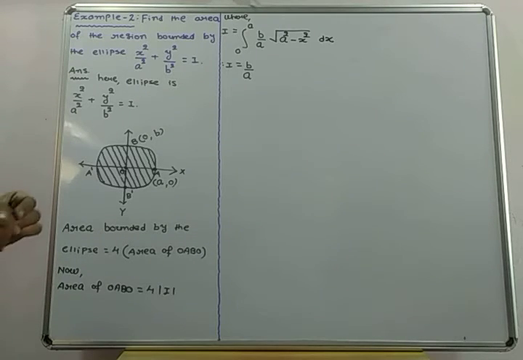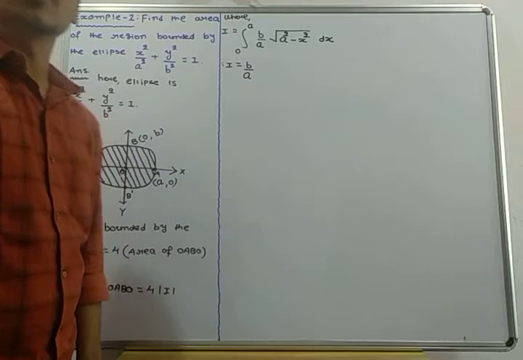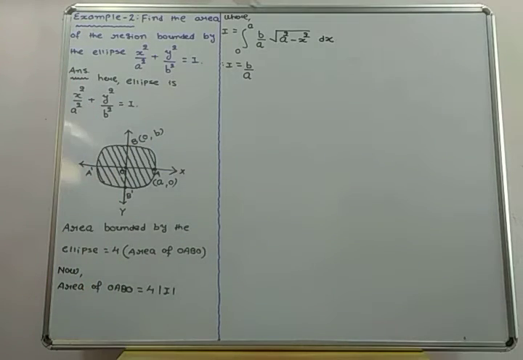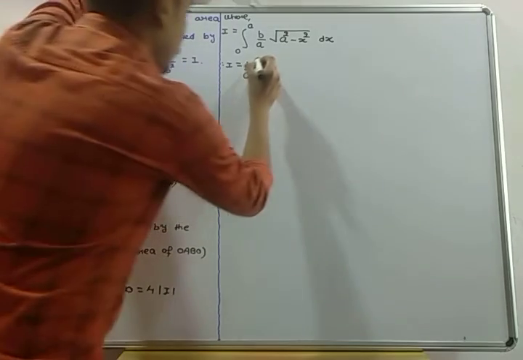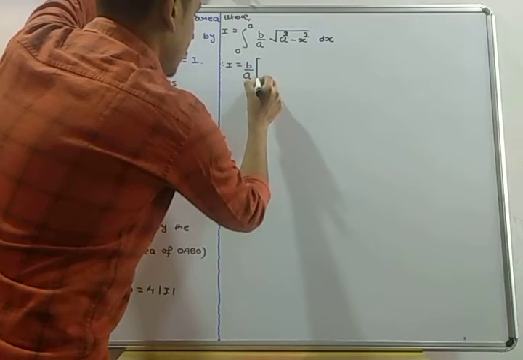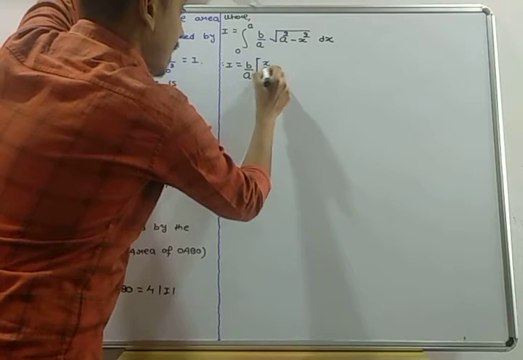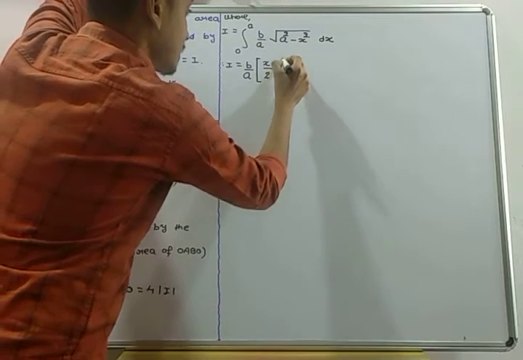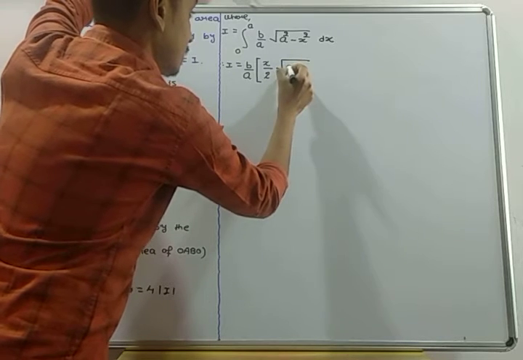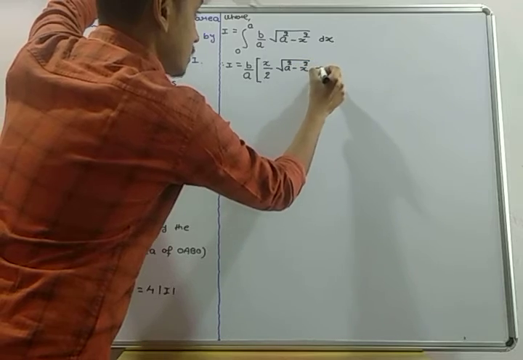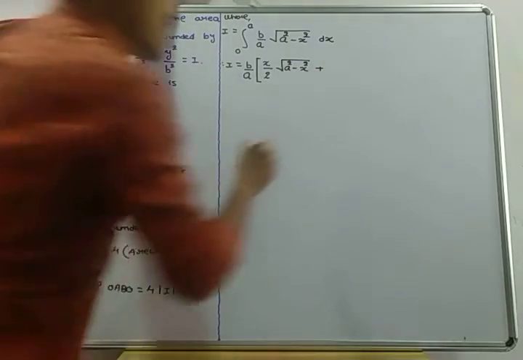So what is the formula? x by 2 under root a square minus x square as it is, plus a square by 2 sine inverse x by a. Integration of this term: x by 2 as it is plus a square by 2 sine inverse x by a.